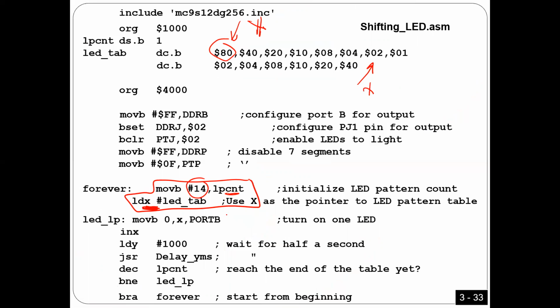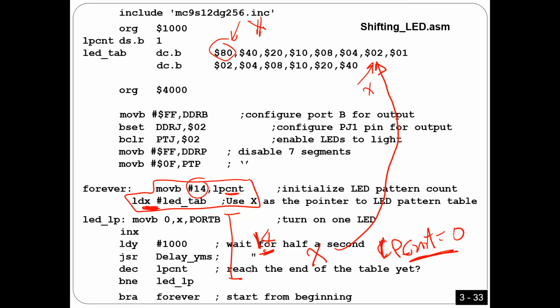After 14 iterations, X should be here, and the counter CNT should equal 0, right? So after 14 iterations, I come here to reinitialize the loop counter to make another 14, and also reinitialize X. Okay, guys? Any questions? You can ask me if you have any question.